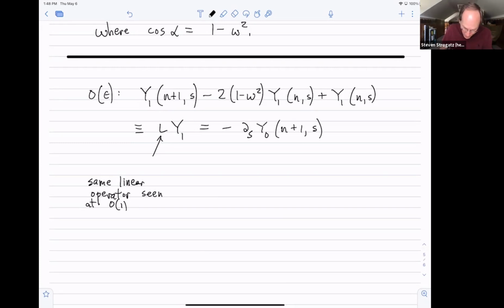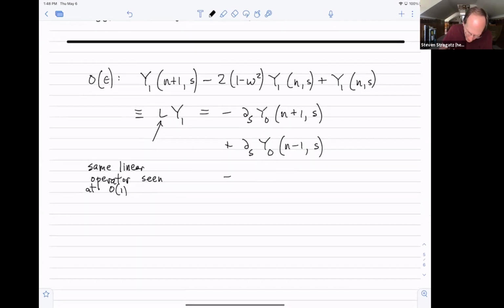Then there's also a term plus partial with respect to s of y0 at n minus 1 comma s. So those first two terms differ in their n index. And a term that comes from the cubic nonlinearity that had an epsilon in front of it, that's going to give us a minus 2 omega squared y0 cubed evaluated at n comma s.